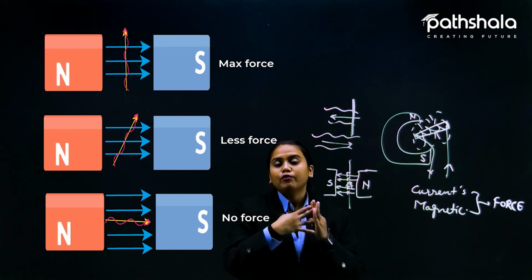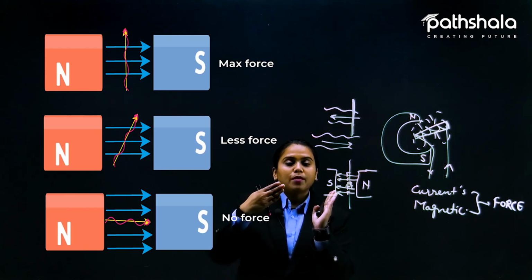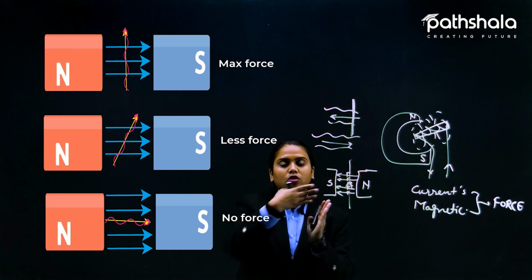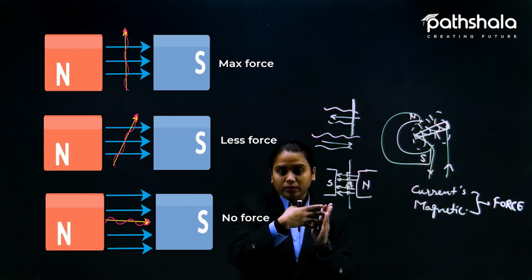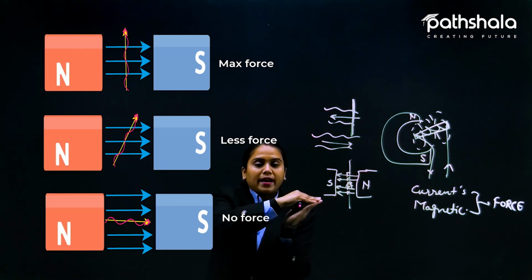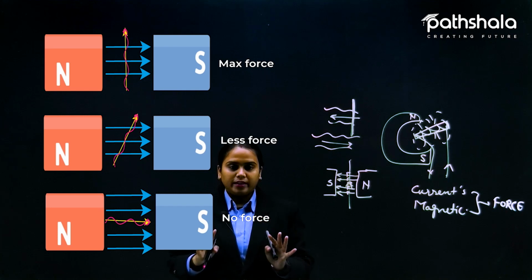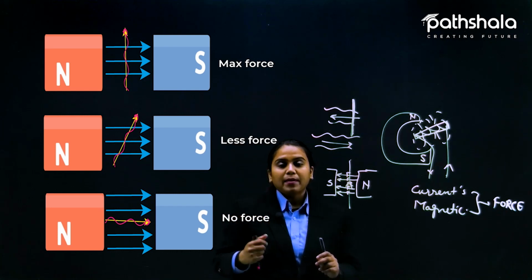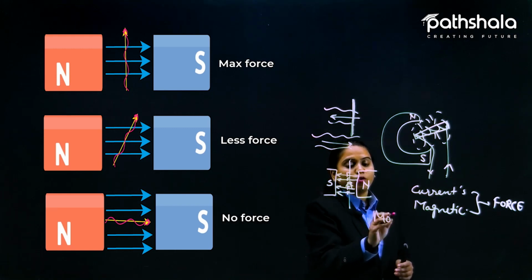When it is tilted slightly, some of the magnetic field lines will easily pass on like this, and some will feel a force. But when it is all parallel, they can all go like this, so there is no obstruction there.